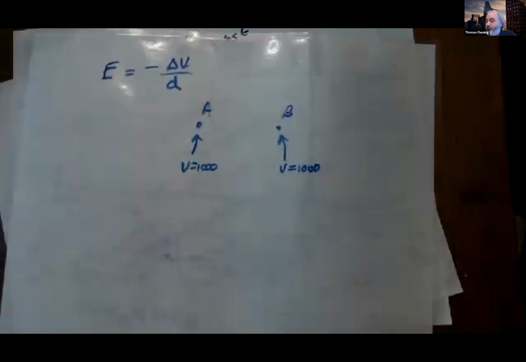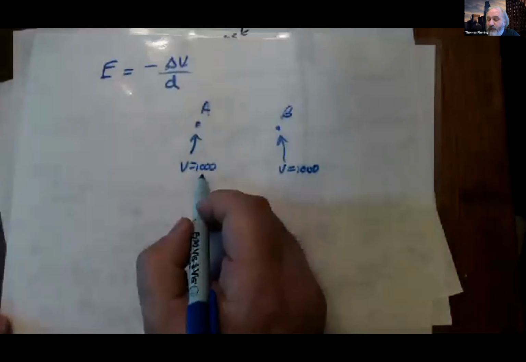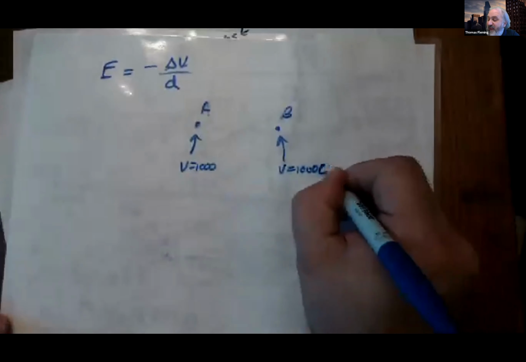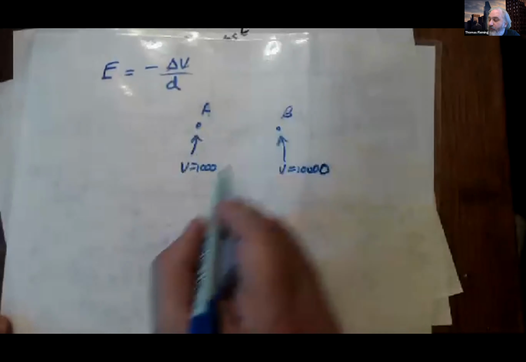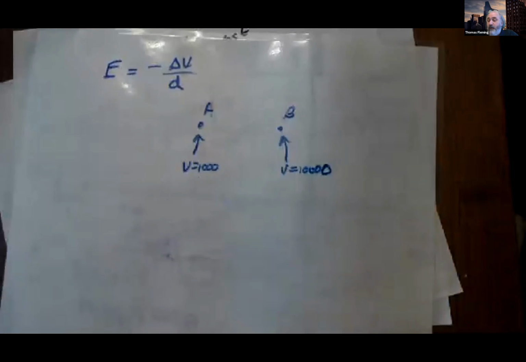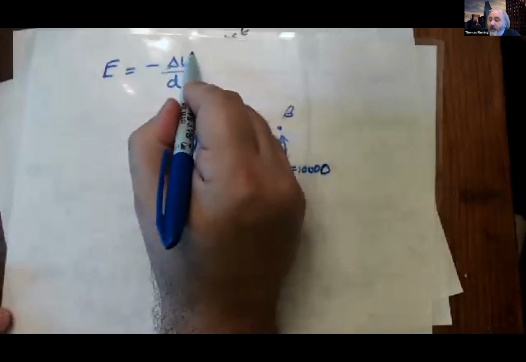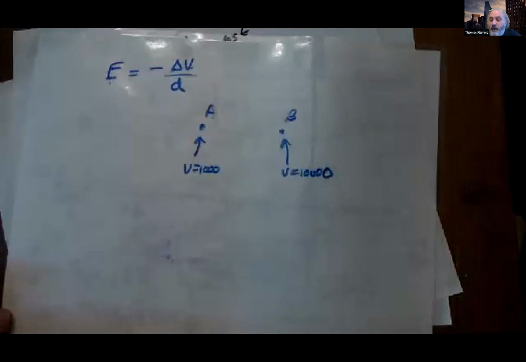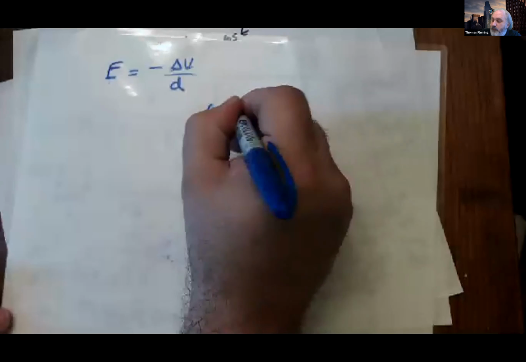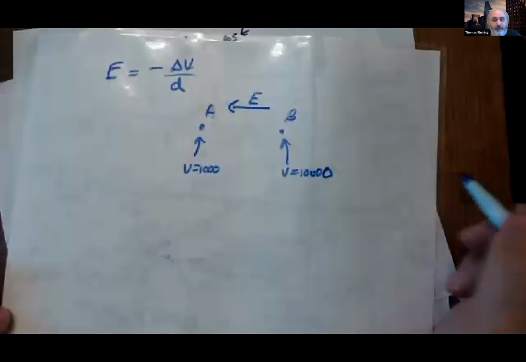If, however, here V was 1,000 and here V was 10,000, so going from point A to point B caused V to go way up, that means delta V is positive. The electric field, therefore, would be in the opposite direction.